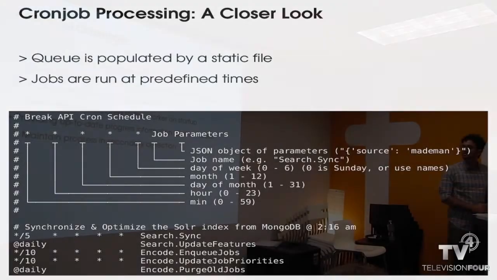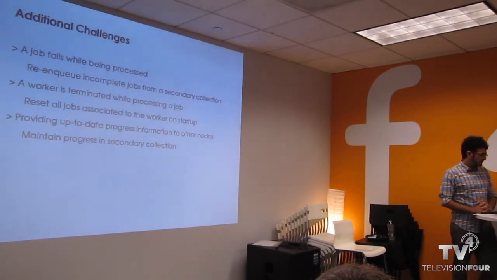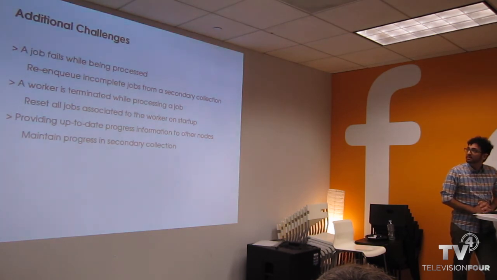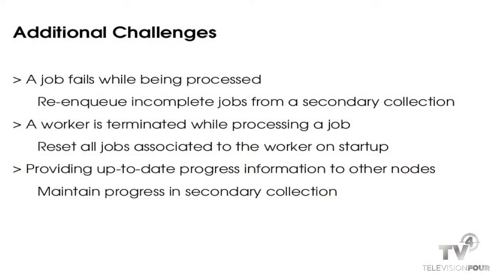So some of the challenges that I didn't find a really nice solution for were when a job fails. For the most part, I usually have a secondary collection to store the jobs to, for instance, video encoding, which is somewhat necessary because for historical data, if somebody wants to get the status of a job that's done processing, I still need to store it somewhere.